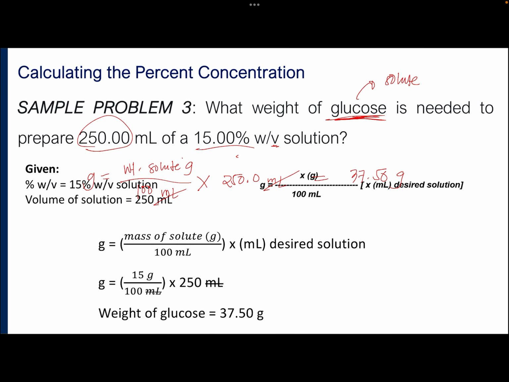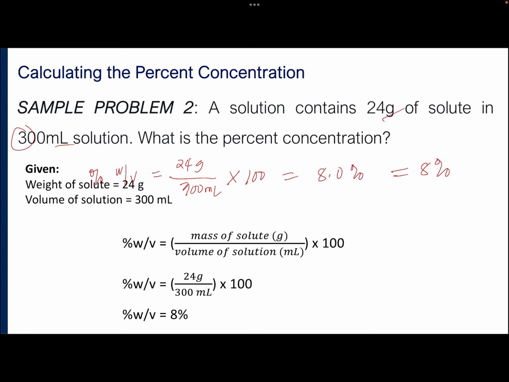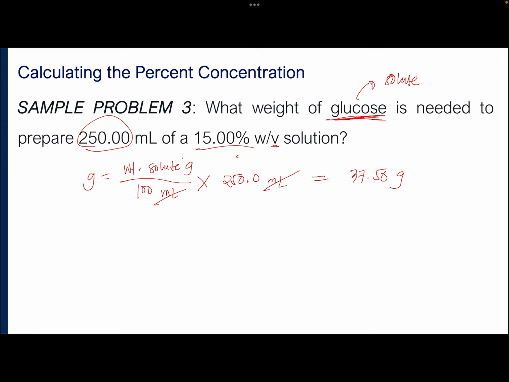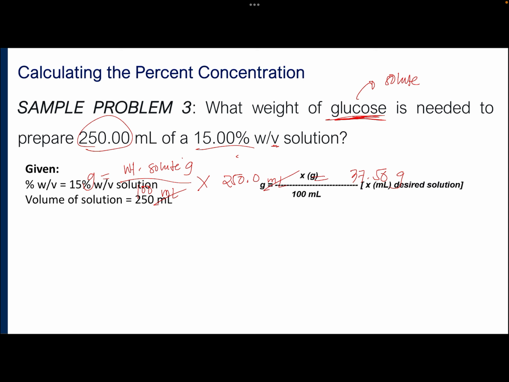Wait, let us go back to this one. So for this one, the weight of solute here is 15.